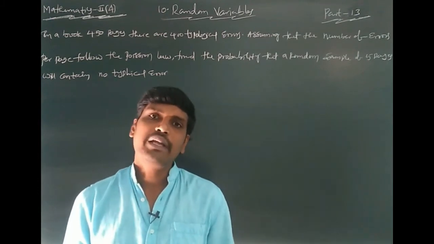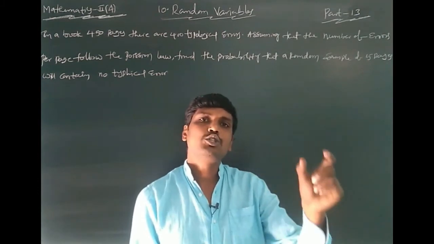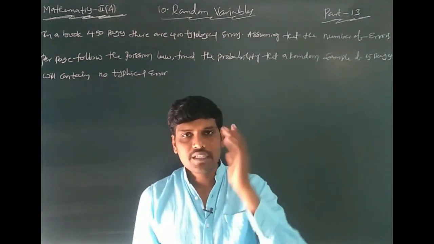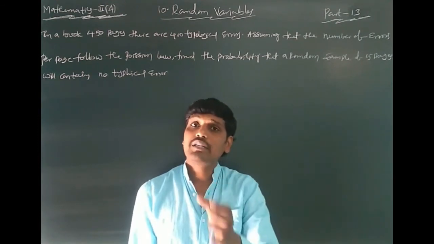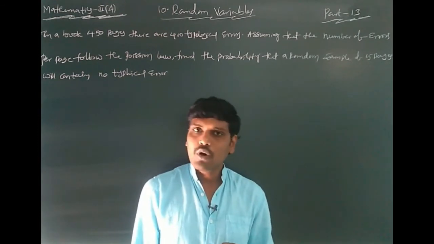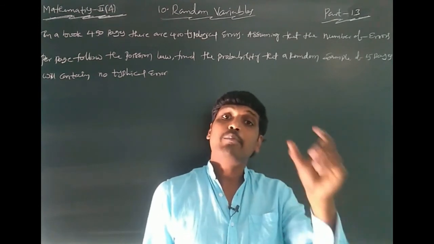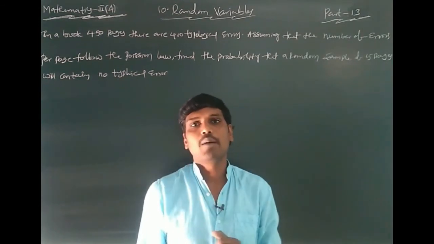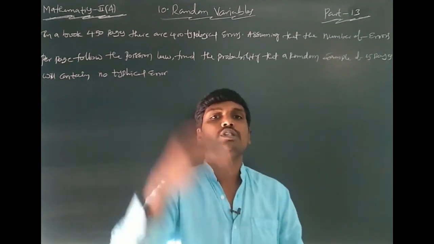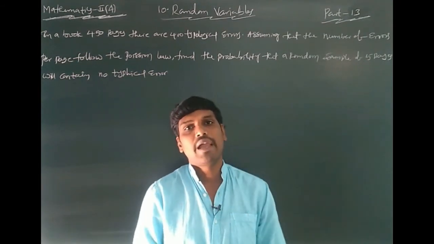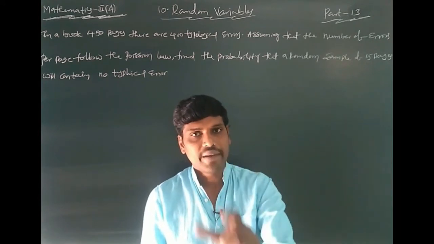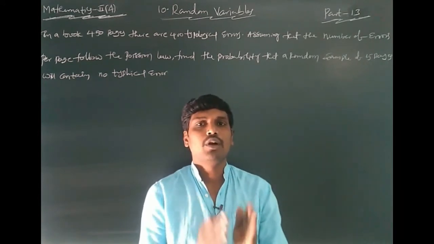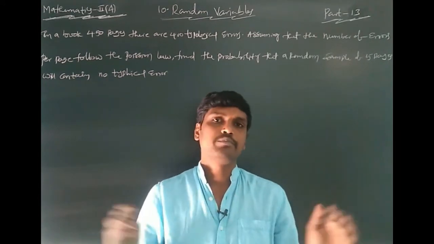The last parts completed: binomial distribution definition and model problems, formula model problems, some important repeated 2 marks problems, 7 marks problems, and frequency distribution probability using binomial distribution. Binomial distribution model problems are completed.